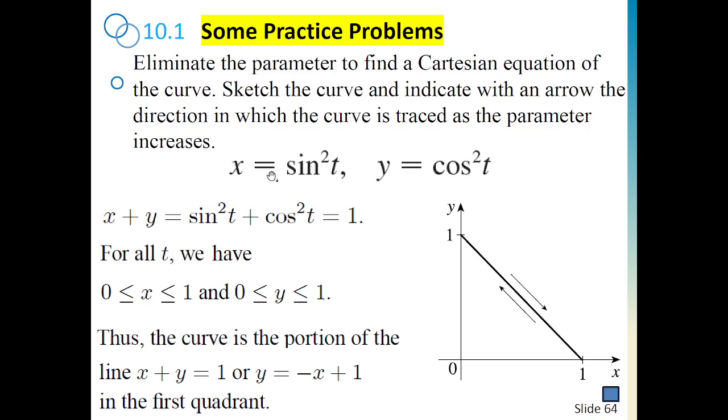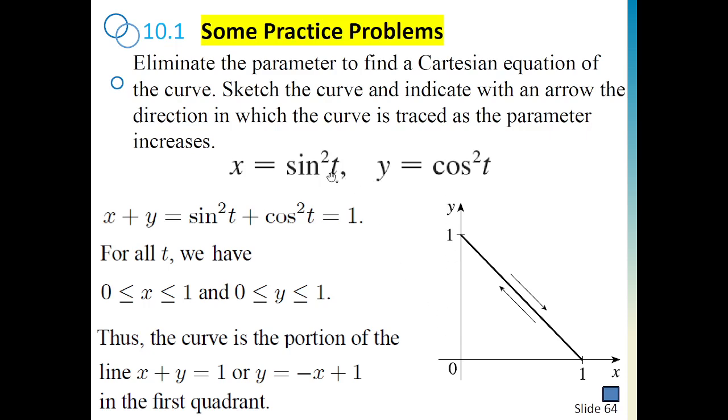So x runs from 0 to 1 and y runs from 0 to 1 only. So even though our Cartesian expression is y equal 1 minus x, which is a straight line, fine, but we are constrained only to x's between 0 and 1 and y between 0 and 1.